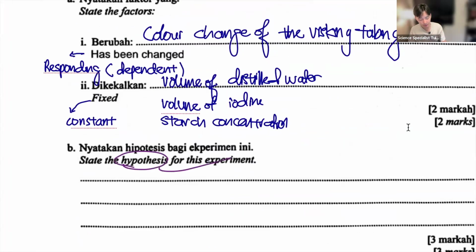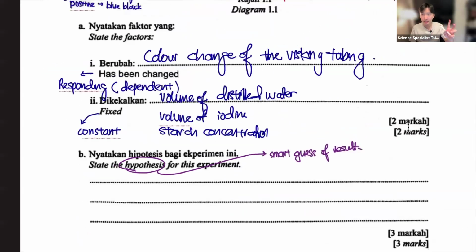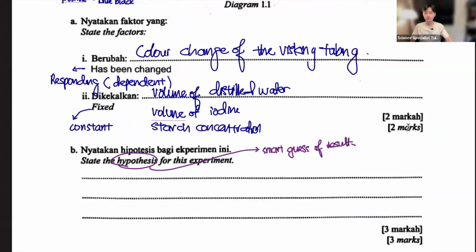A hypothesis is a smart guess. Remember this. Smart guess of what? Smart guess of the result. Then you do the experiment to prove your guess. For example, I think Aaron is the smartest.